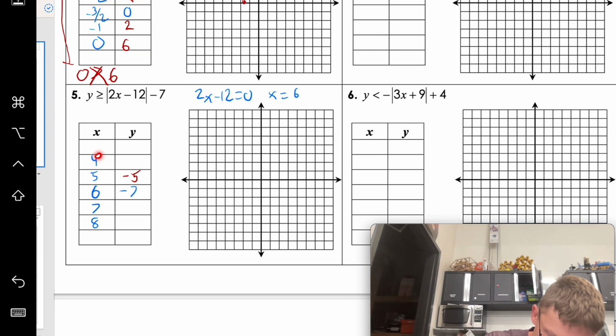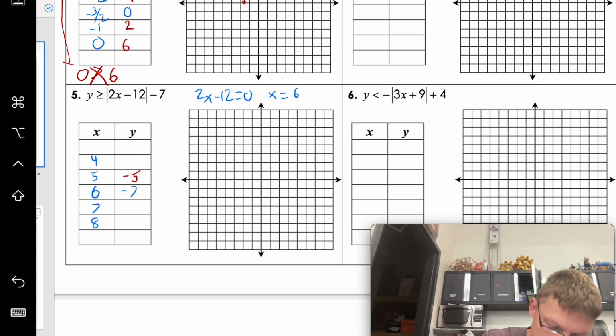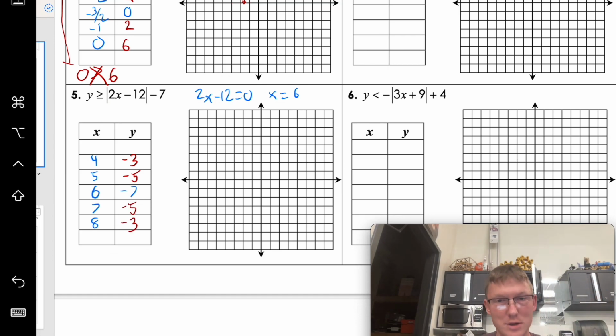So we take 4 times 2, which is 8, minus 12 is a negative 4. In absolute value, turns to positive 4, minus 7, turns into negative 3. And because I know absolute values, I know those are going to be our values over there too.